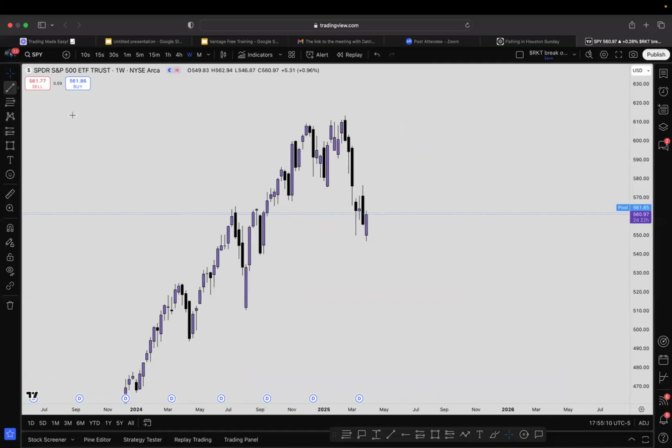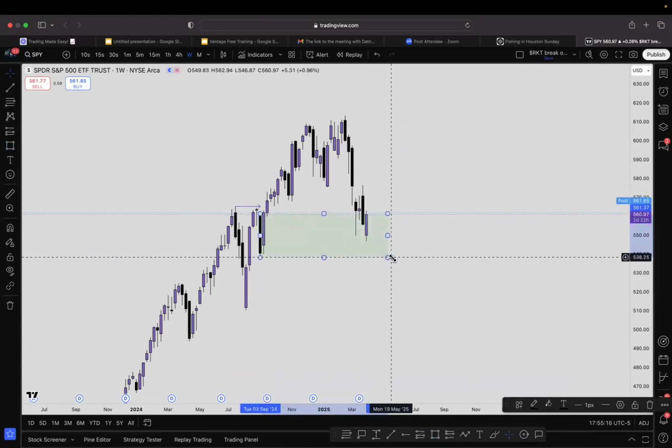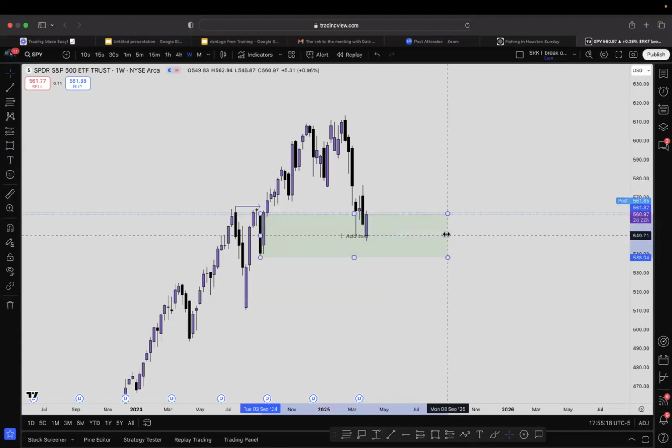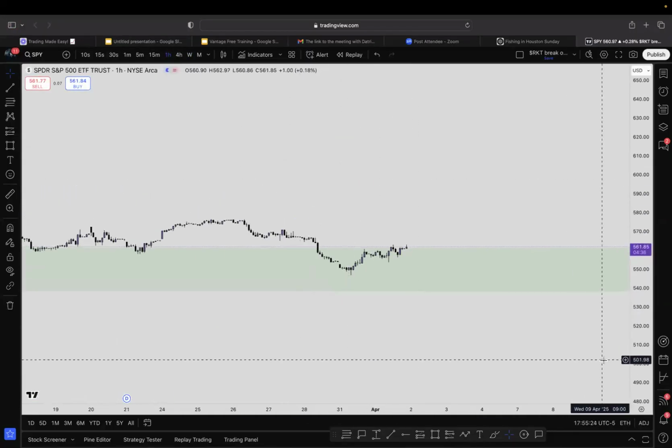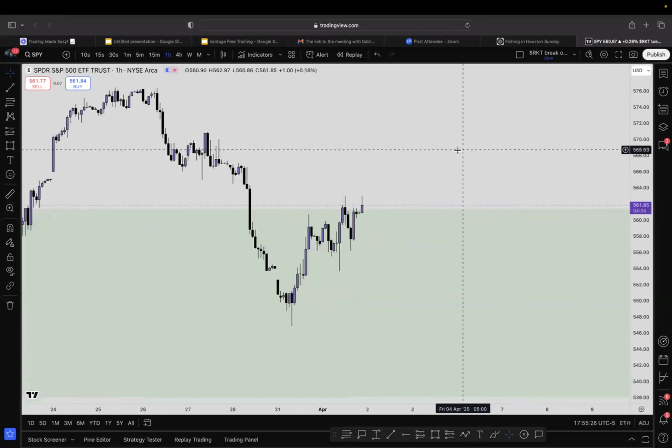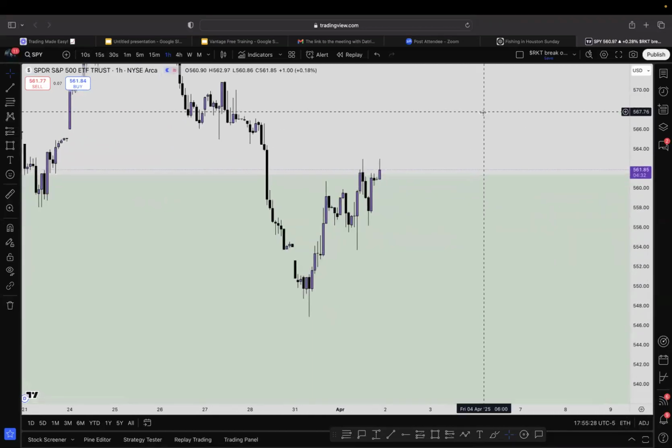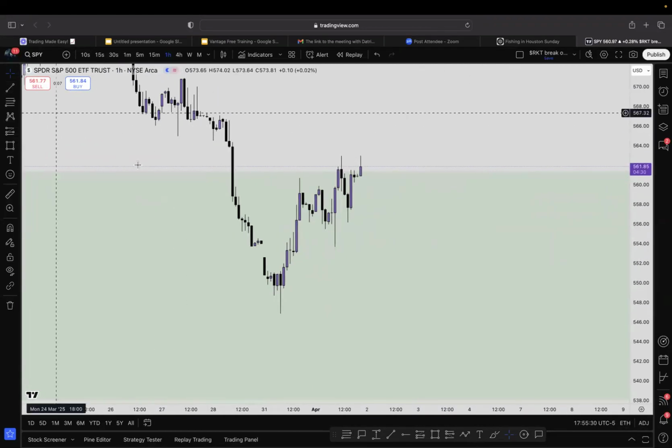If we look at price right here, break to the upside, demand zone right here. So price is now starting to push out of this demand zone once again. Now if we go down to a 4 hour, we see that's a weekly demand zone.